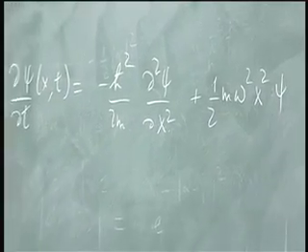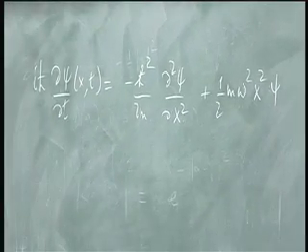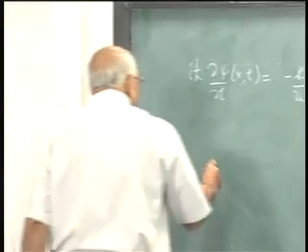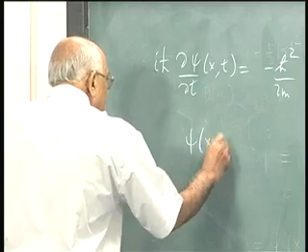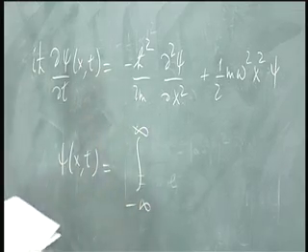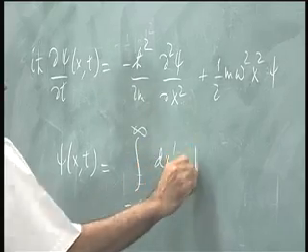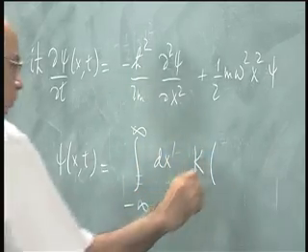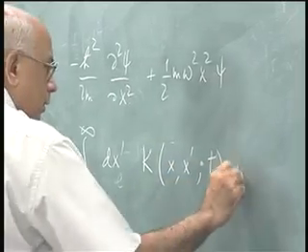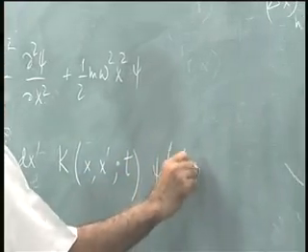And now the point is, if you specify adequate boundary conditions, and in this case we want the wave function to be normalized, so that means psi of x comma t must go to 0 as x goes to plus or minus infinity, together with an initial condition, then it is possible to write the solution at any time as an integral over dx prime, and then a kernel which is a function of x, x prime and t, times psi of x prime and 0.